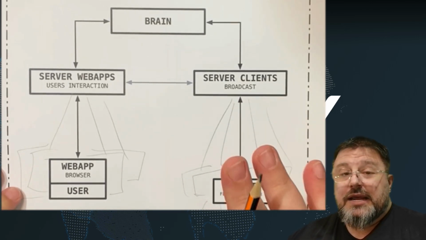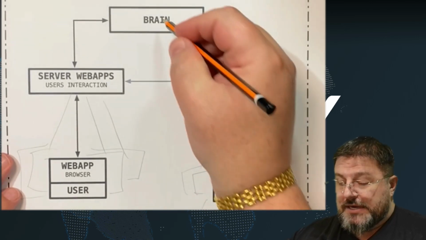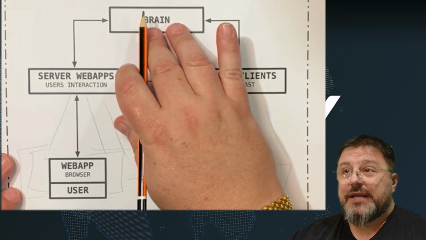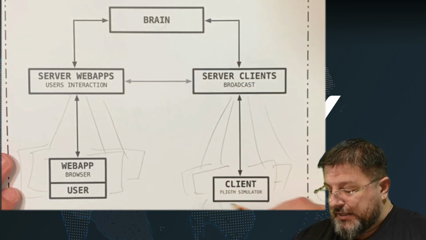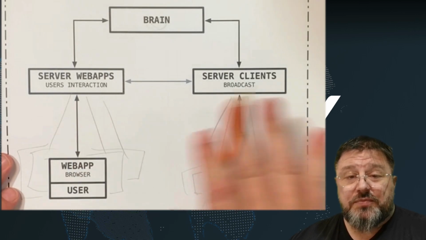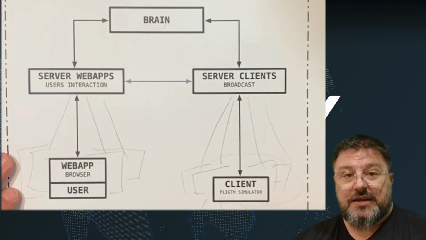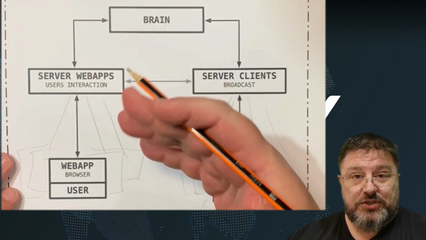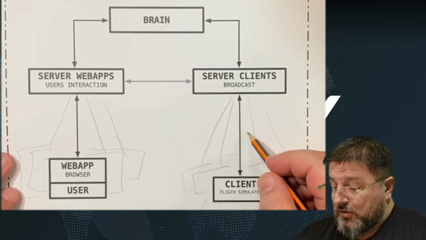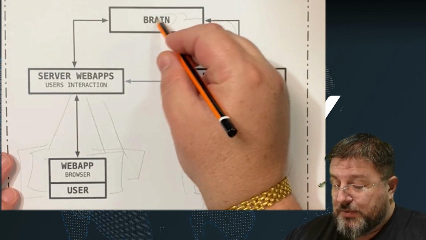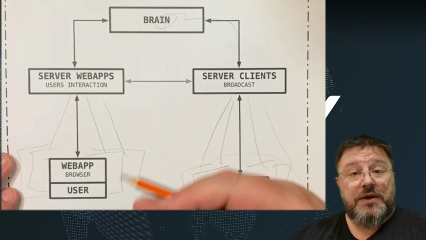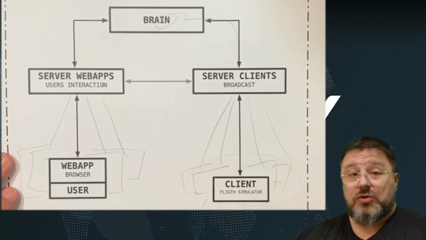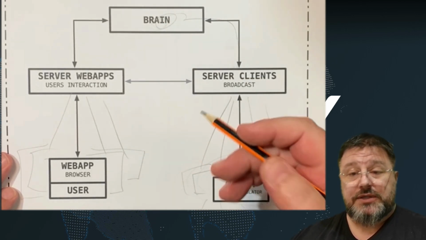Now, when we started setting up the brain, all the data collected by the clients, so all the flights, whether they're flying a recorded flight, like we call them missions, or not, was sent to the brain with a very frequent pulse, like every second all the data sent up.